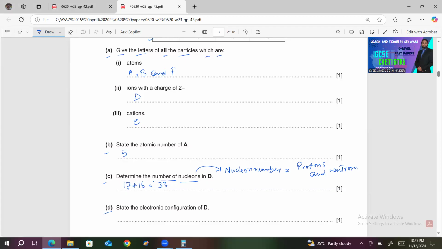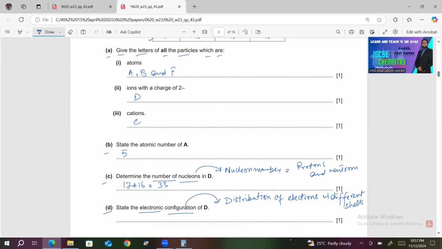For part D, state the electronic configuration of D. Electronic configuration is the distribution of electrons in different shells.